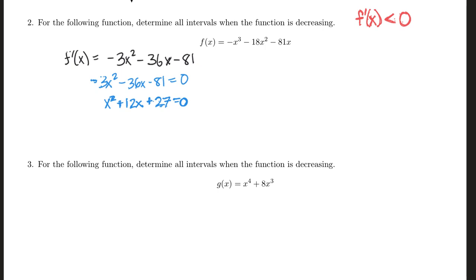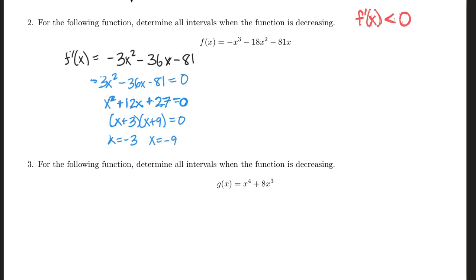And now I just need to factor this: x plus 3 and x plus 9. And I get -3 and -9 as my zeros. All right, so that's my zeros.